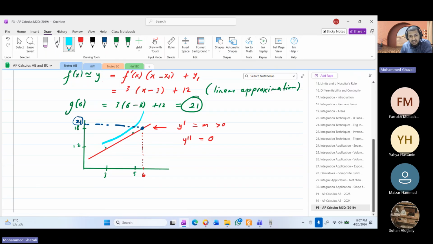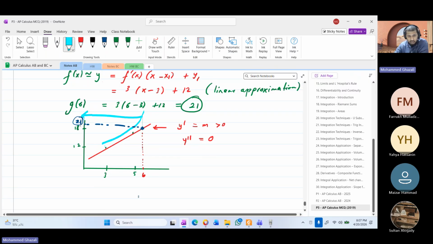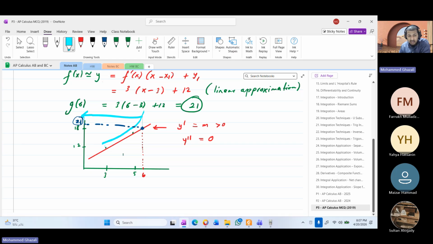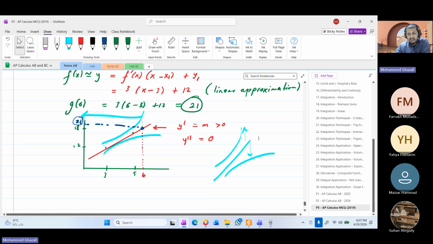So it can't be 21. It has to be higher than 21. If the function was concave down, it would go like this. So you have three different graphs: straight line, concave up, concave down. Concave down would have been a lower value, concave up a higher value.